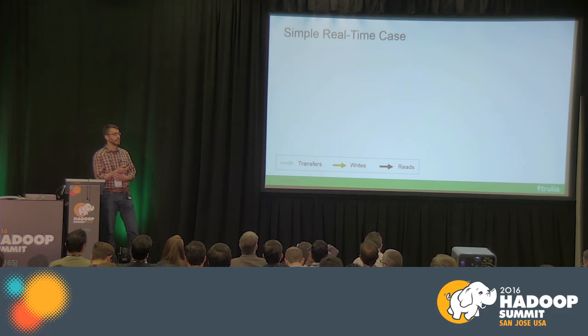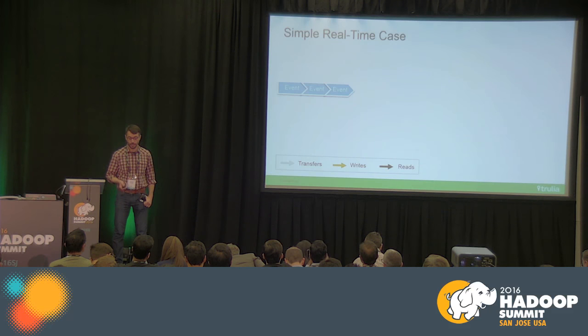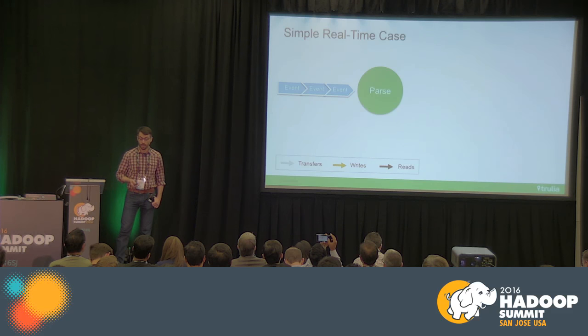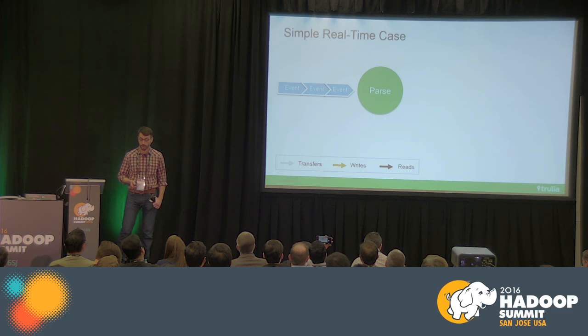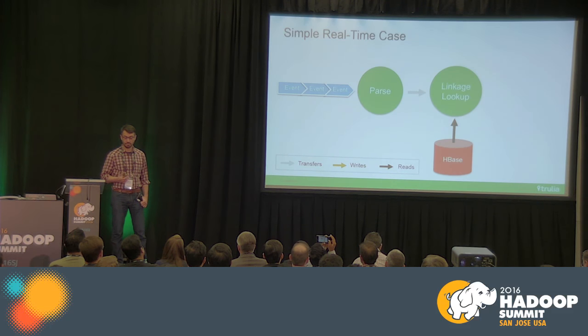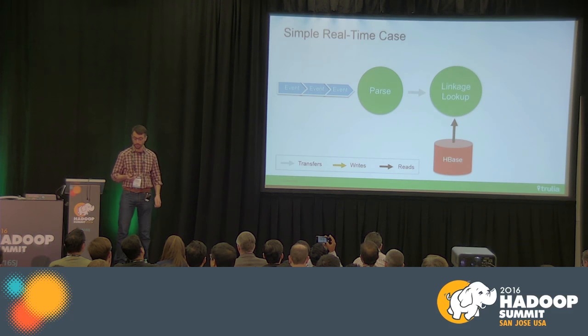So if we had a very simple case, our Lambda implementation of the real-time layer would look like this. We would accept events through Kafka spouts. We would parse and validate the events through a parse bolt. We would look up the user IDs for secondary IDs through what we thought was the source of truth, basically a table on HBase.